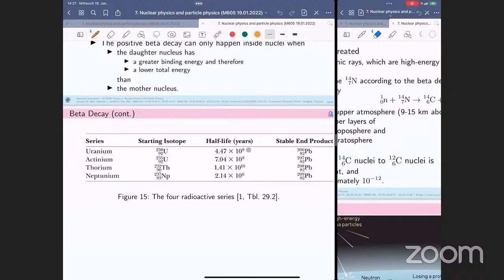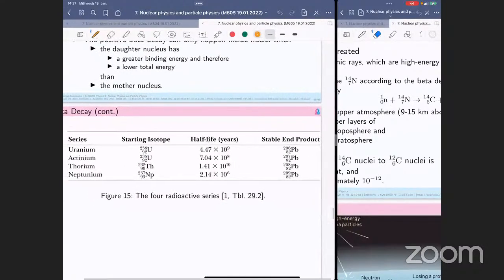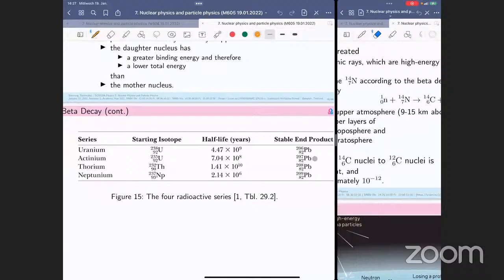So it takes a very long time, and the ending point, the output that remains stable, will be lead, right? Lead 206, and the number of protons for lead is 82, right? Every series will stop at lead, okay, and you could see the lead on Earth quite easily, everywhere, because that's the ending point of the big radioactive elements like uranium, actinium, thorium, and neptunium.